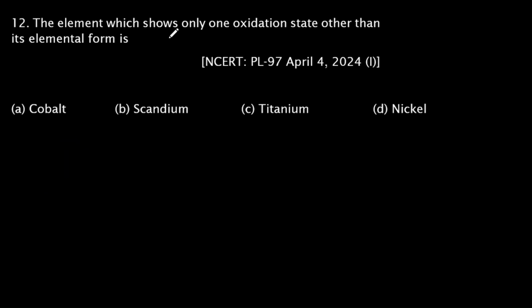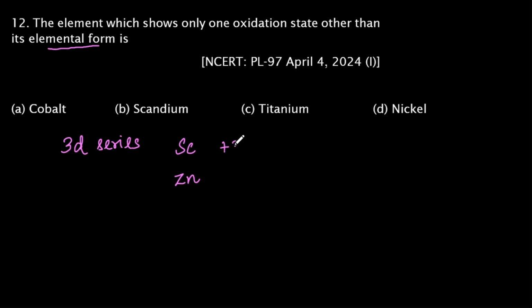The element which shows only one oxidation state other than its elemental form. The given elements are cobalt, scandium, titanium, nickel. These elements belong to the 3D series. We already saw in the key concepts video that in the 3D series, 2 elements, scandium and zinc, exist in only one oxidation state. So scandium and zinc exist in their elemental form, and other than that, they show only one oxidation state.